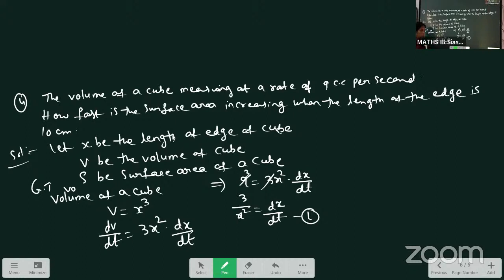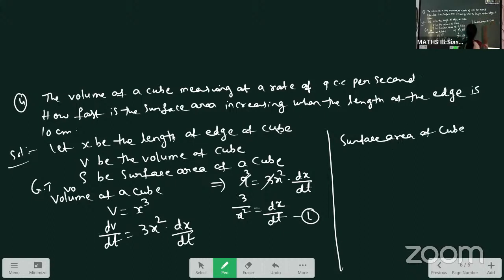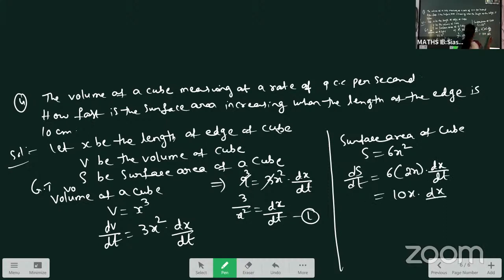Now next, go to surface area. What is the formula for the surface area of a cube? S is equal to 6x square. So find the derivative. dS by dt is equal to 6 into the derivative of x square, 2x, into dx by dt. So 6 into 2x into dx by dt.